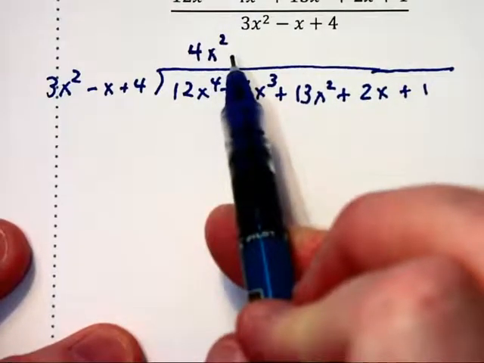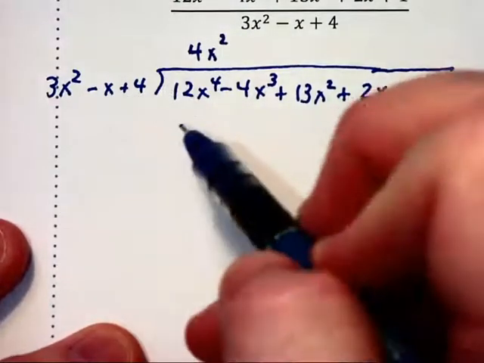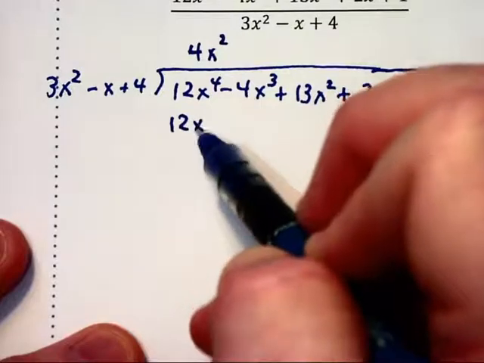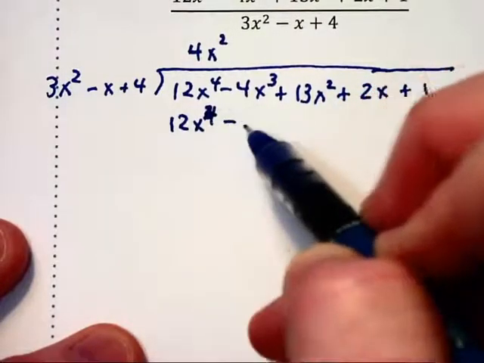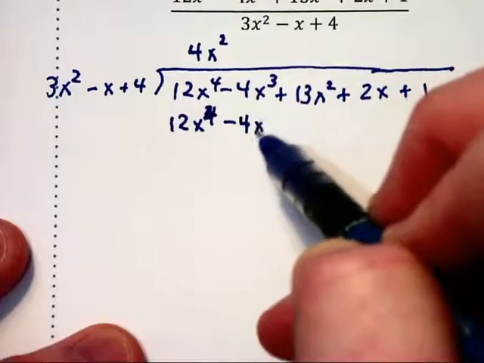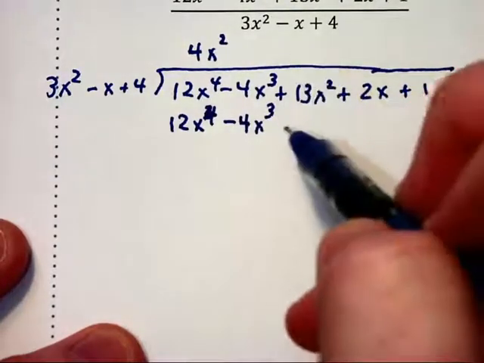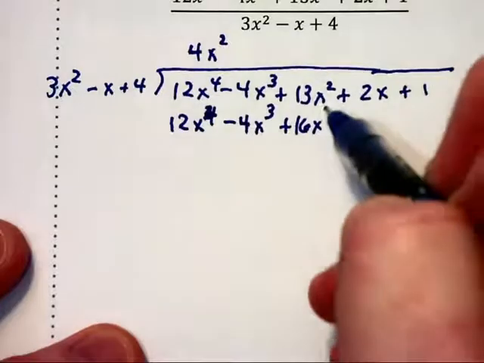That 4x squared on top will distribute to each of the terms on the left, giving us 12x to the fourth minus 4x cubed plus 16x squared.